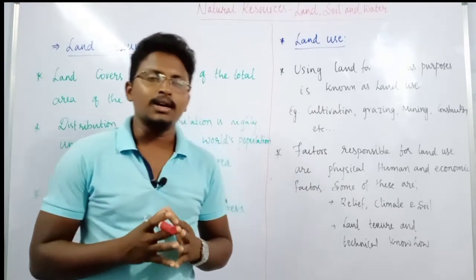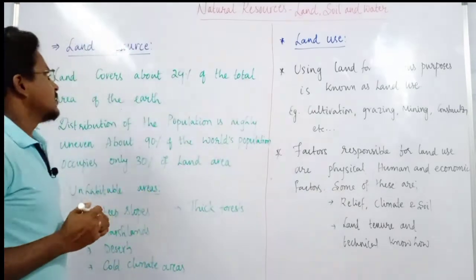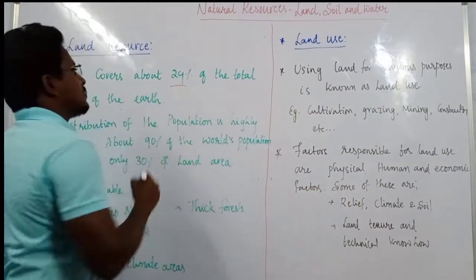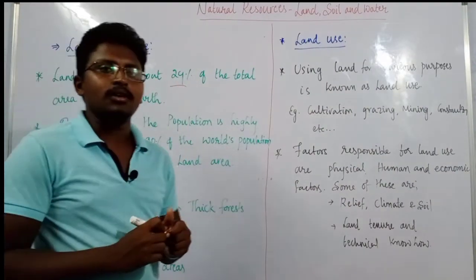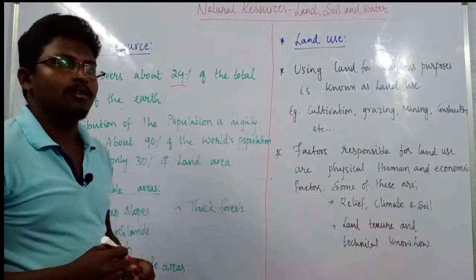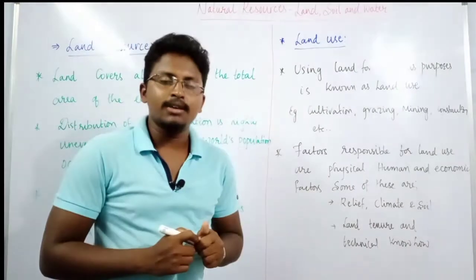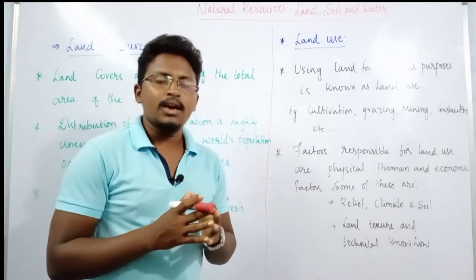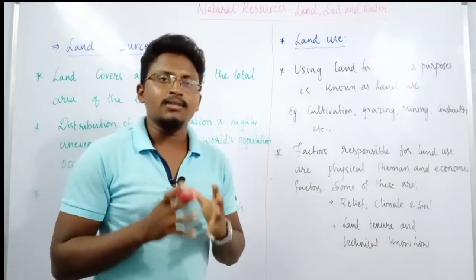You all know that land is very less available on this earth. Out of the total area of the earth, just 29% is covered with land. The remaining 70%, 71%, as you all know, is covered with water.